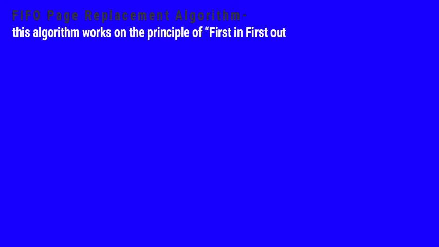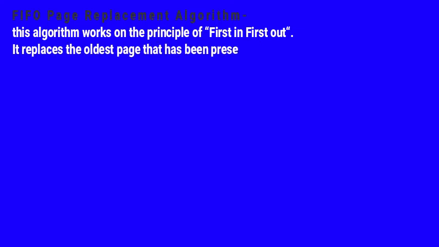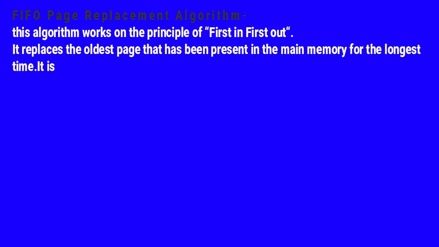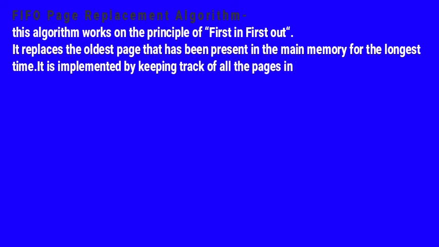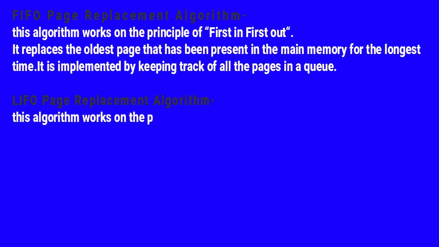FIFO page replacement algorithm means first in first out page replacement algorithm. This algorithm works on the principle of first in first out. It replaces the oldest page that has been present in the main memory for the longest time. It is implemented by keeping track of all the pages in a queue.